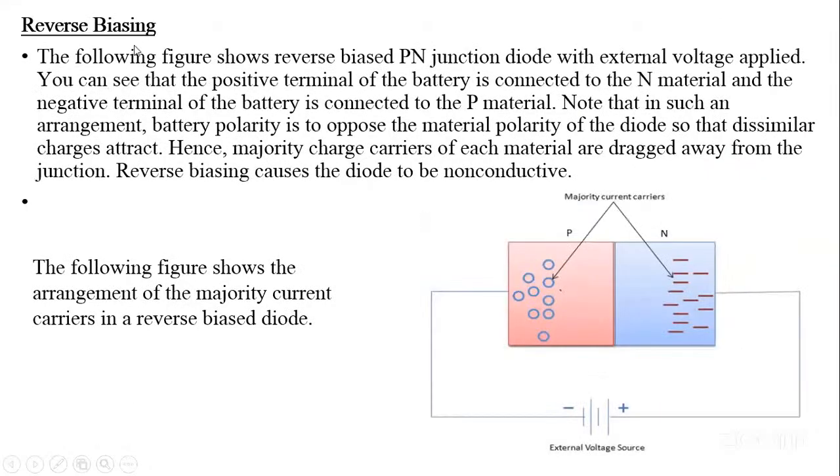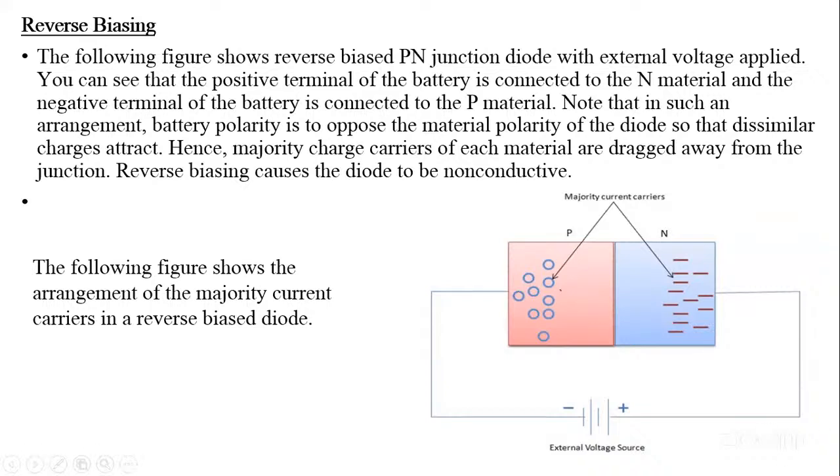So for reverse biasing, you see that negative is connected to the positive and positive is connected to the negative terminal. So what happens here is unlike charges attract.